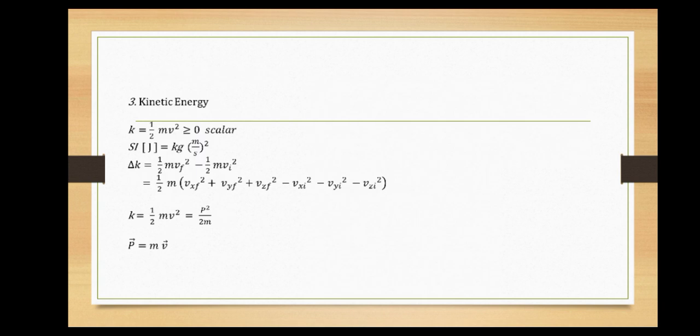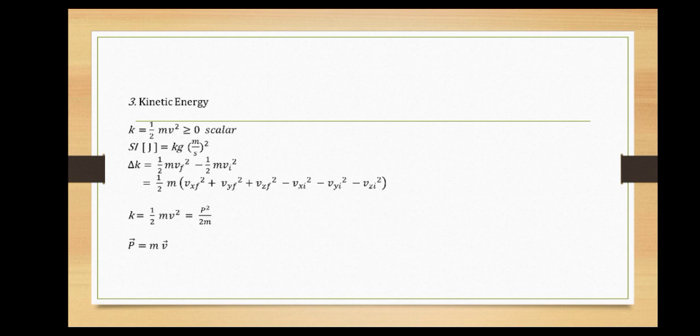3. Kinetic energy. The kinetic energy K is equal to half m v squared. This is a scalar quantity, so it is zero or positive. The SI unit for kinetic energy is the joule, derived from kilogram meter squared per second squared. Suppose we have an object that is first at rest and then accelerates to a certain speed. It means that the object experiences a change in kinetic energy.